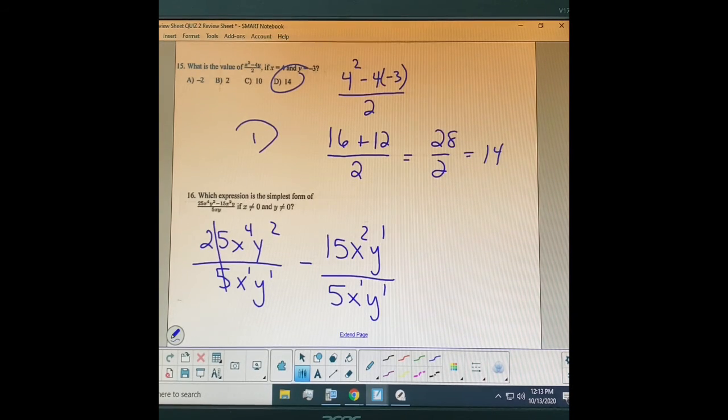Number 17, plug in x is 3, plug in y is 8, plug in z is negative 4, and follow the orders of operations.